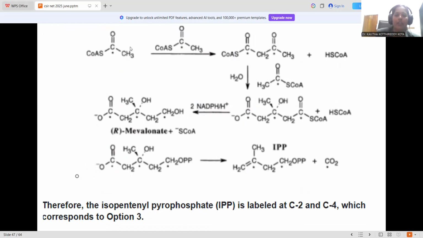Let me repeat one more time. Acetyl coenzyme A is bound with another acetyl coenzyme A: dimerization, followed by trimerization, followed by reduction, followed by decarboxylation, giving rise to IPP, where labeled carbons are located at the second and fourth carbon atoms. That is given in option number 3.